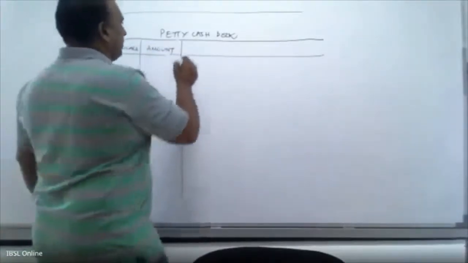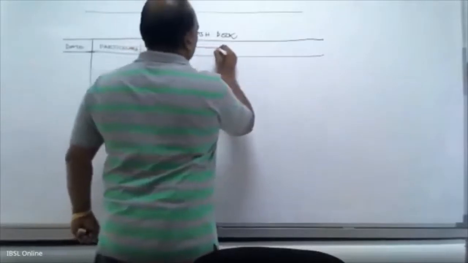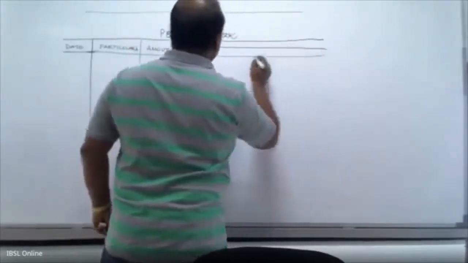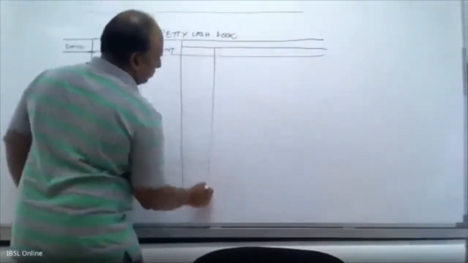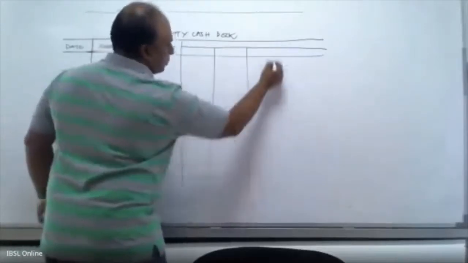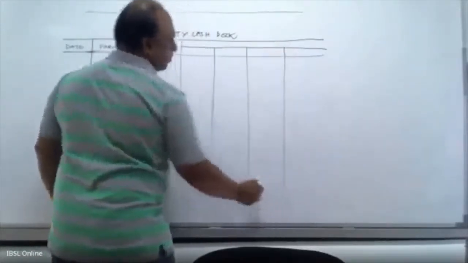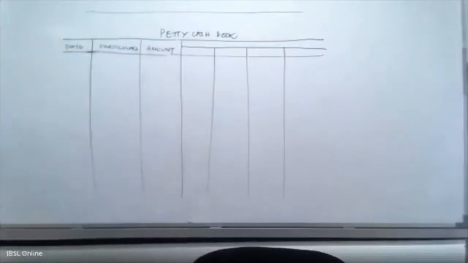So what happens in the petty cash book is, if you look at the example, in the month of April you are starting with an imprest amount of 20,000.